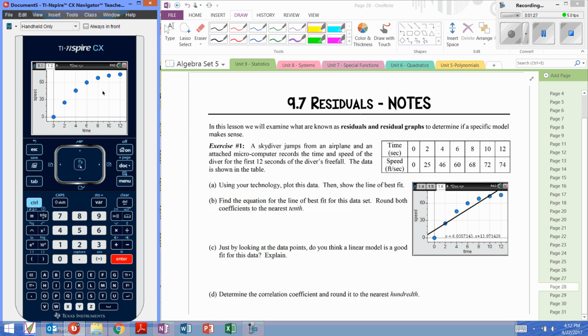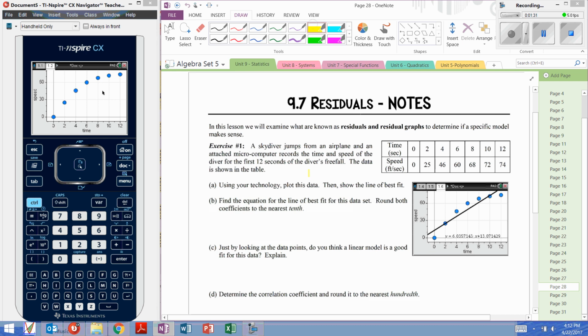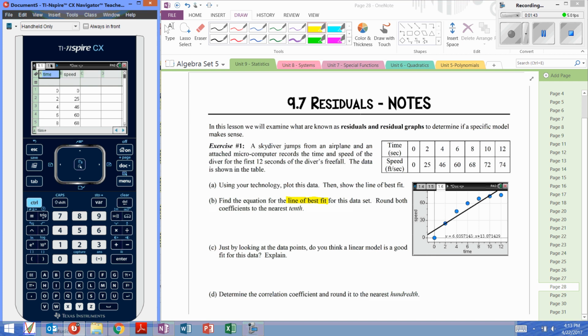It says here, find the equation for the line of best fit. So it's saying line of best fit. That means we have to calculate a linear regression. We could go back and do this on our table page, or we can calculate it right here. I'm going to just do that because it's not asking us to find our correlation coefficient.